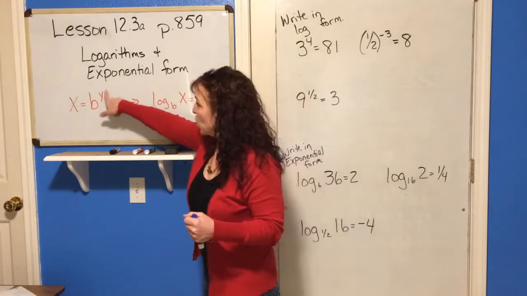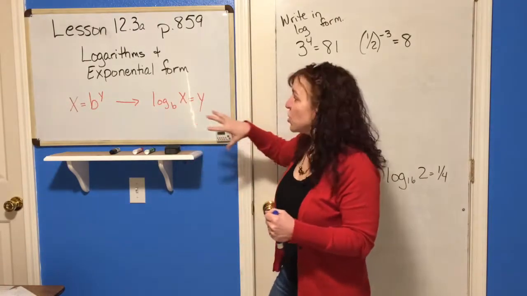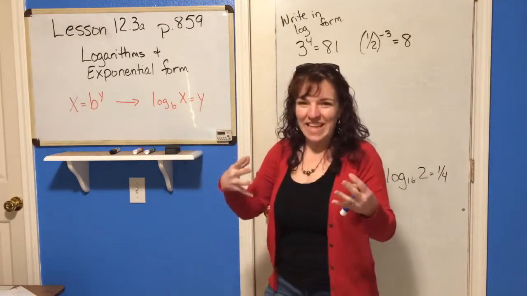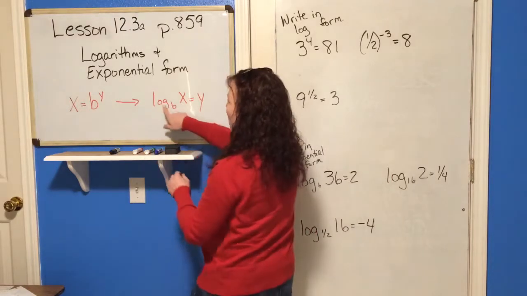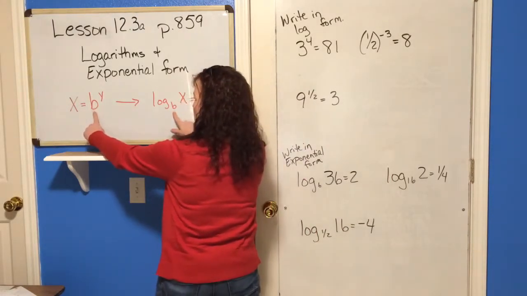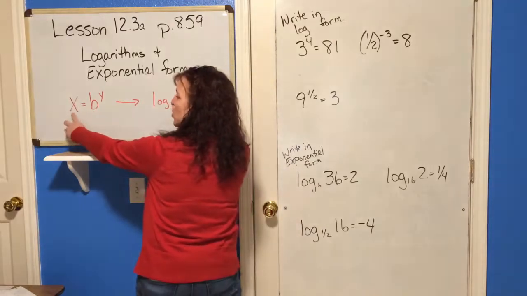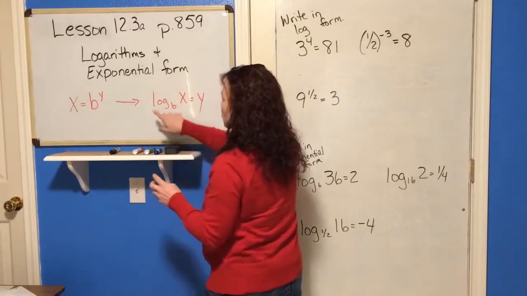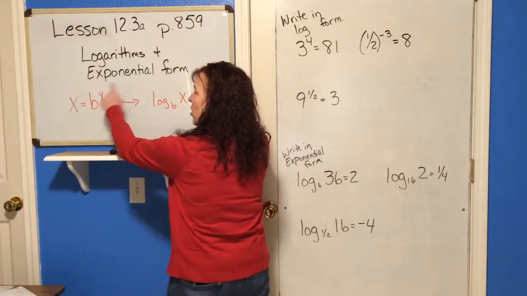Sometimes if you're looking for the exponent, a log is going to solve that. The base of the log is the base of your exponent, the log of the number is your answer, and the answer to the log base b of x is your exponent.